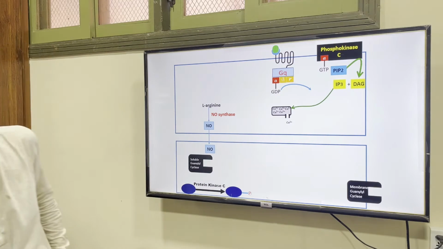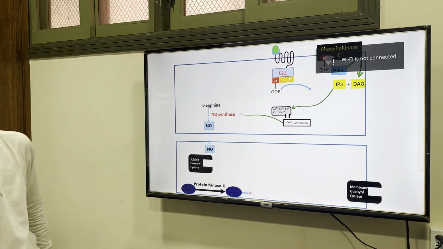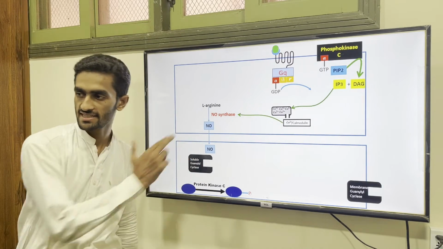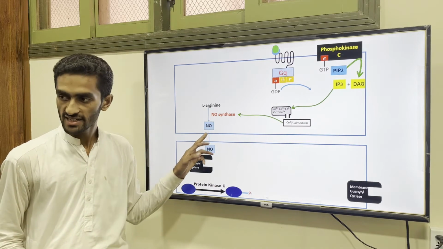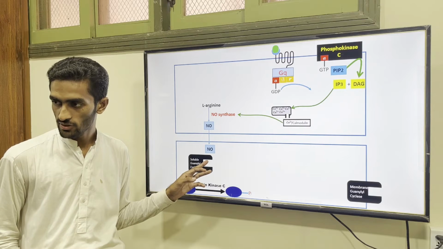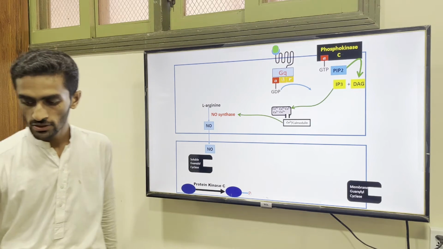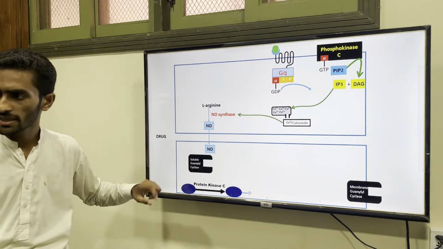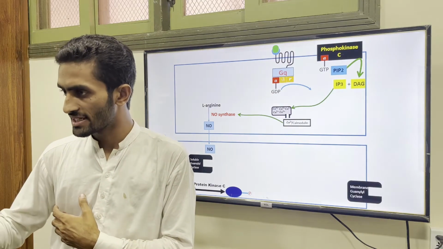When this attaches with the calcium, actually this calcium-calmodulin complex can activate nitric oxide synthase. Okay. So this nitric oxide enters into the cell for the relaxation of vascular activity. This nitric oxide can sometimes be given extracellularly by a drug, so exogenously.